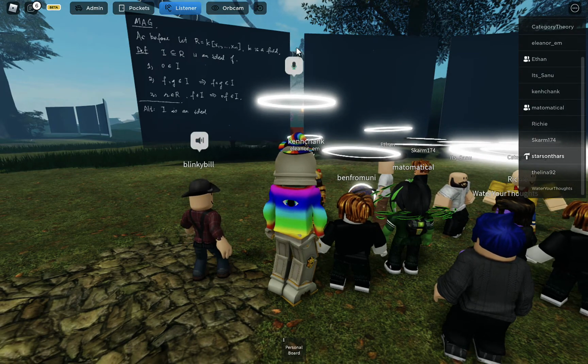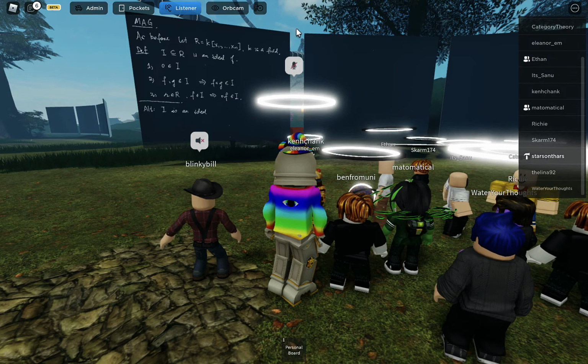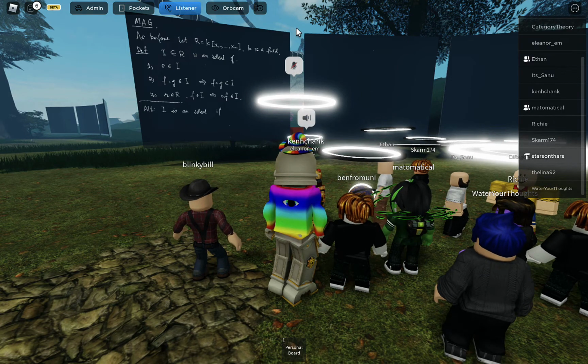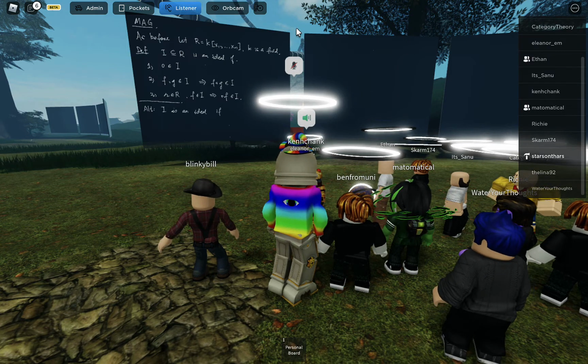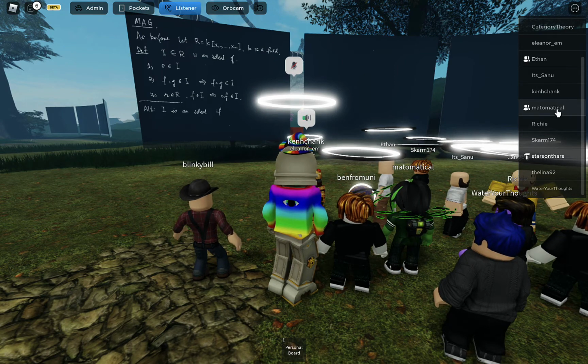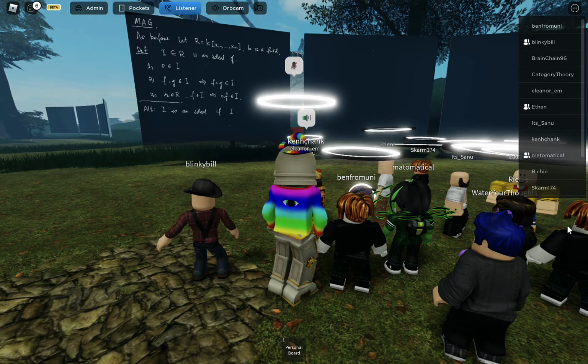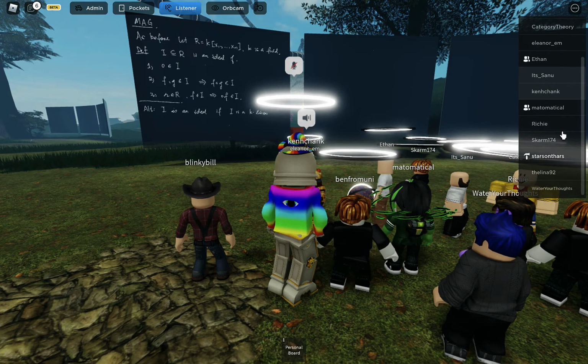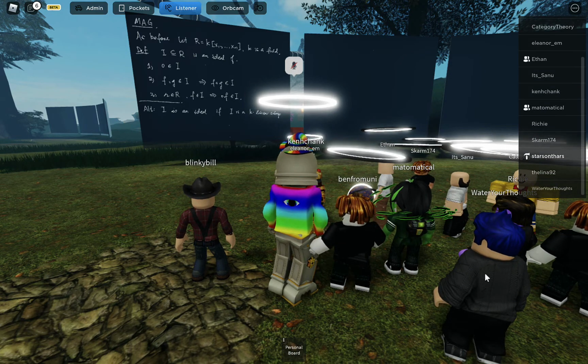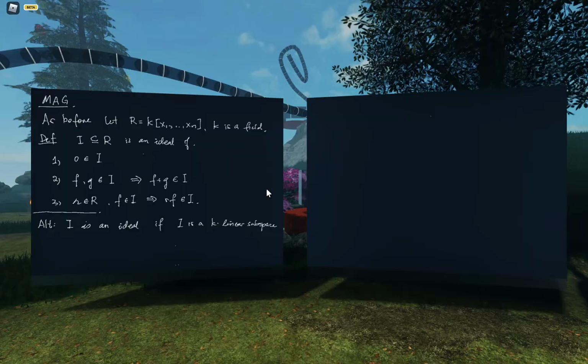I'll just pick up corrections. Oh, that's funny. So, as I was saying, another way of saying this in a more succinct way is that I is an ideal if I is a k-linear subspace of R and 3 holes.